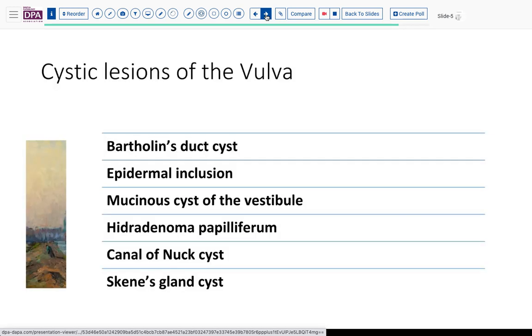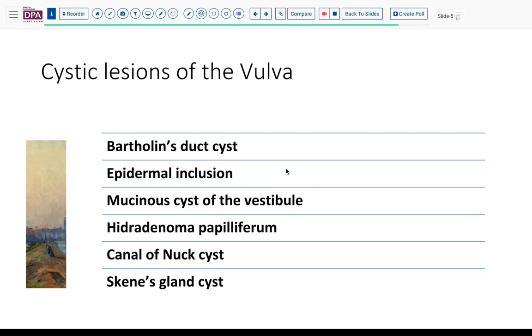So what are the cystic lesions that we might encounter in the vulva? Well, certainly the most common lesion is the Bartholin duct cyst or the Bartholin gland cyst. But we also can encounter epidermal inclusion cysts, either around hair follicles or occasionally as a post-surgical inclusion related to, say, an episiotomy or something like that. Mucinous cysts of the vestibule also occur.